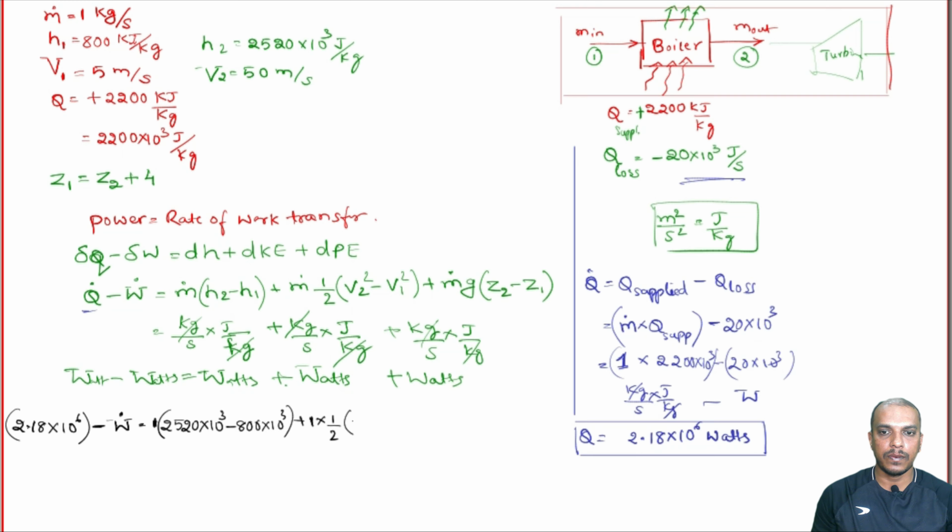V2 square is 50 square minus V1 square is 5 square plus 1 into G is 9.81 and Z2 minus Z1. So, we have Z1 minus Z2 here. Z2, now send this minus 1 here, Z2 minus should be equal to minus 4. So, Z2 minus Z1 from here can be minus 4. So, into 9.81 into minus 4.